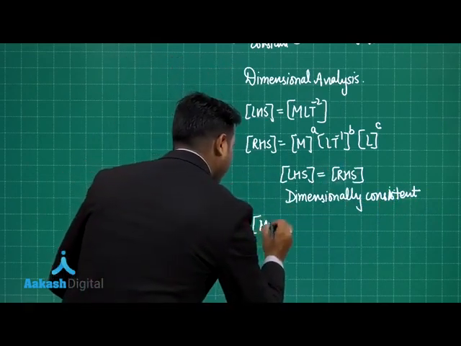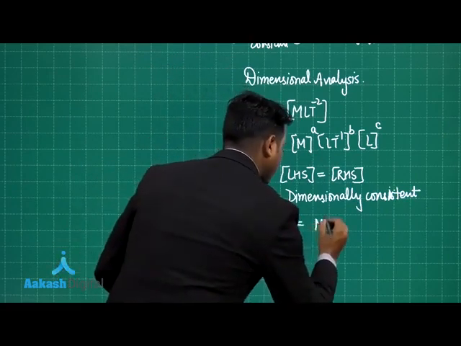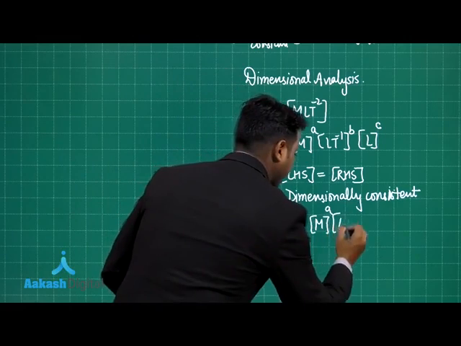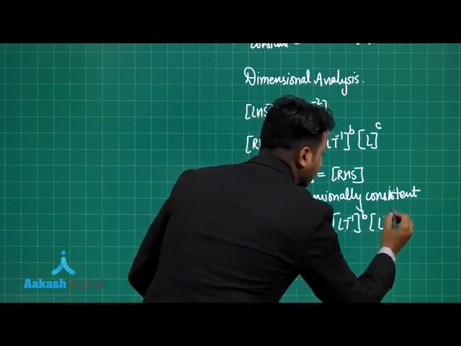So this is M L T to the power minus 2 is equal to M to the power a, then L T to the power minus 1 to the power b, then L to the power c.